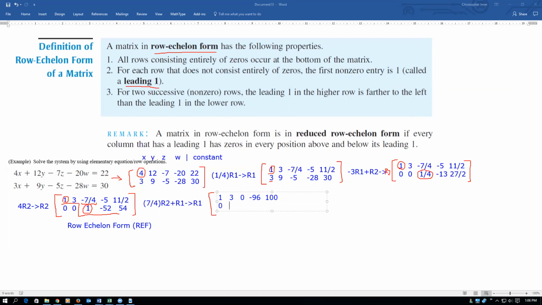And we copy down our last row. And what we have accomplished is reduced row echelon form. So this last step is satisfied now. If every column that has a leading one has zeros in every position above and below its leading one, we are in reduced row echelon form. And sometimes I'll refer to that as RREF.